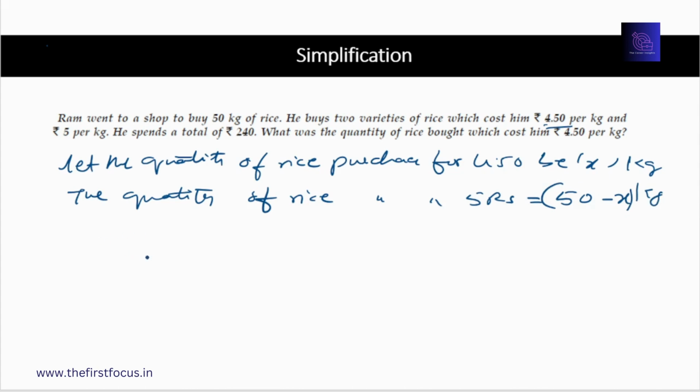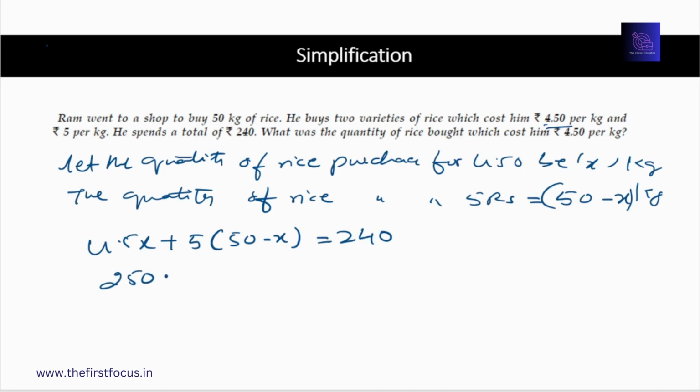Now we add this, right? 4.5x plus 5 into 50 minus x is equal to 240, which gives me 250.